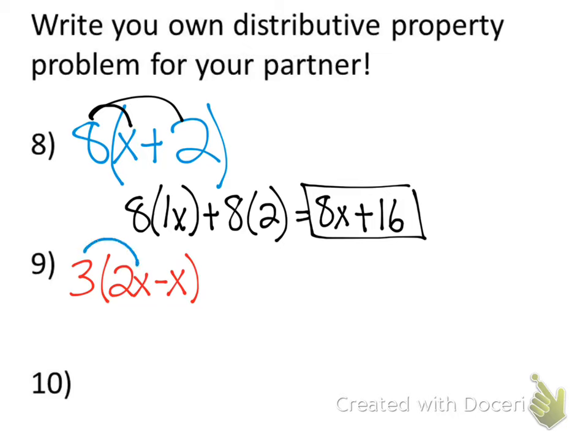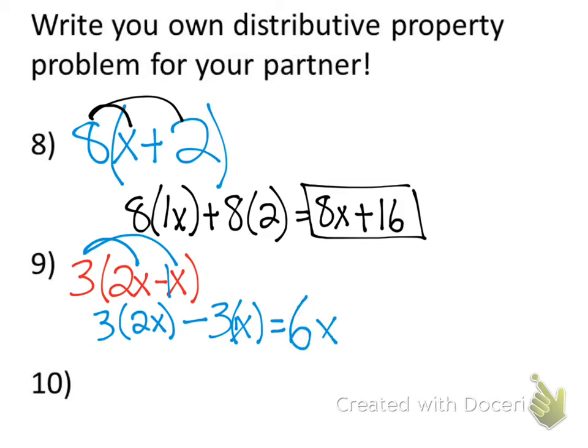Multiply like that? So 3 times 2x. We have our minus sign, and then 3 times x. Yep, you can make that a 1x. Very good. Now, what is 3 times 2x? 6x. Then we have a minus. What's 3 times 1x? 3x.